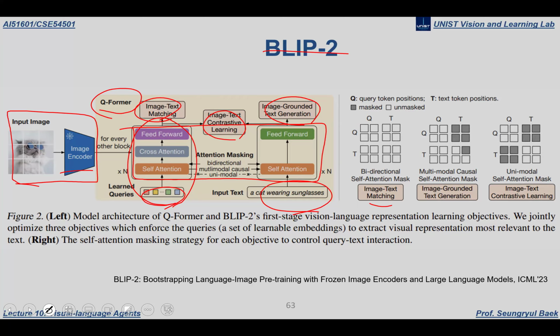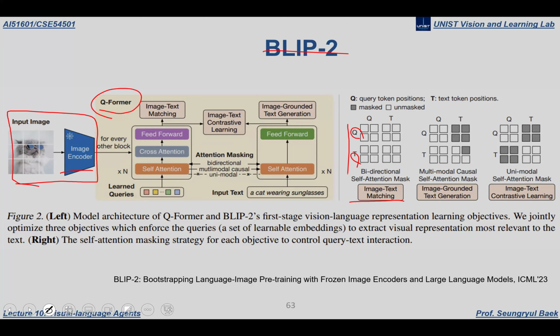Also here they are using three different masking policies. For image text matching, the query Q is the visual signal and T denotes the text signal. These two show the input space, and this shows the output space.